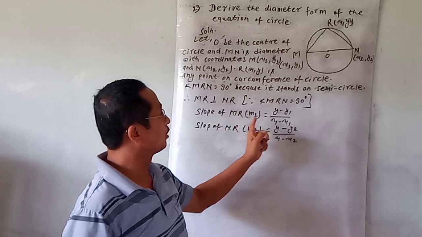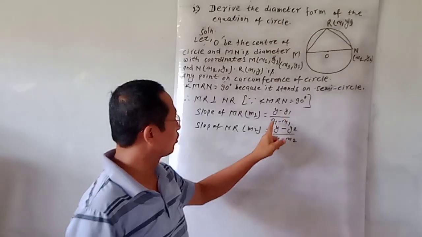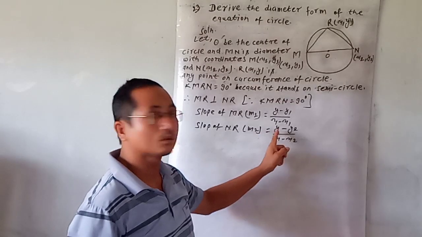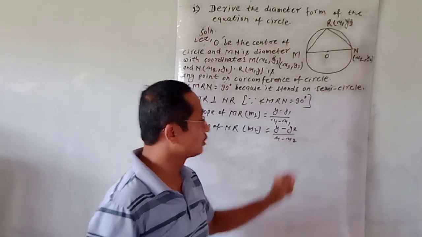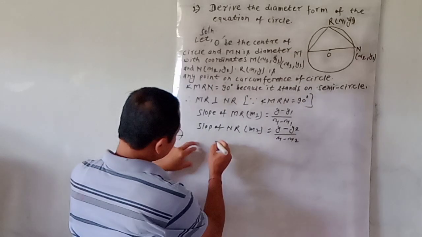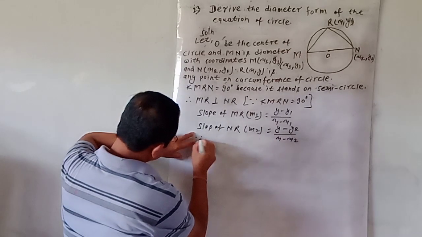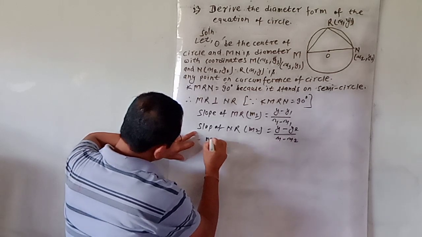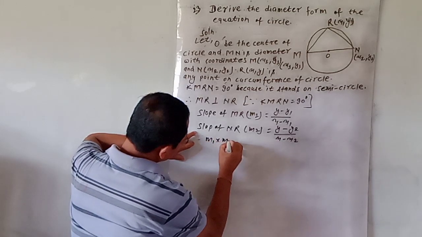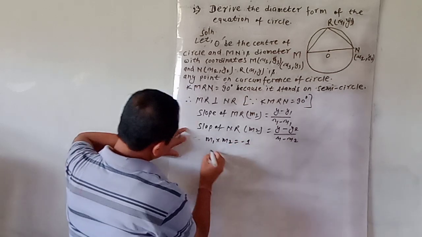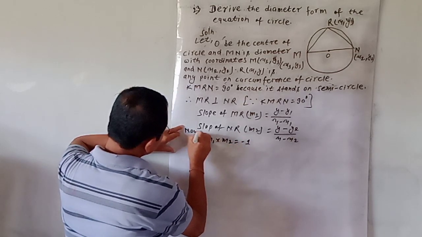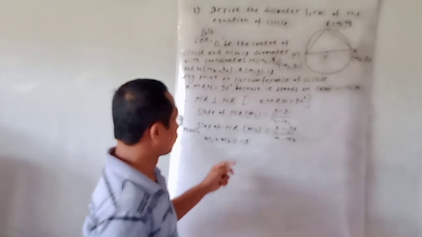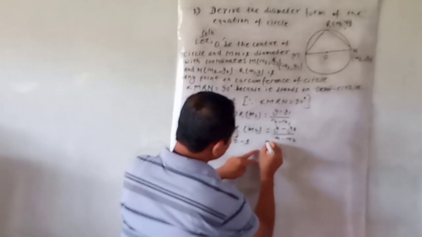Here we got the slope of MR, M1, which is (y minus y1) by (x minus x1), and the slope of NR, M2, which is (y minus y2) by (x minus x2). Since MR is perpendicular to NR, M1 into M2 is equal to minus 1. Why minus 1?